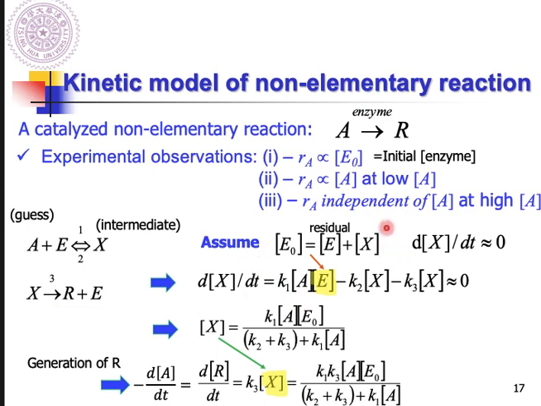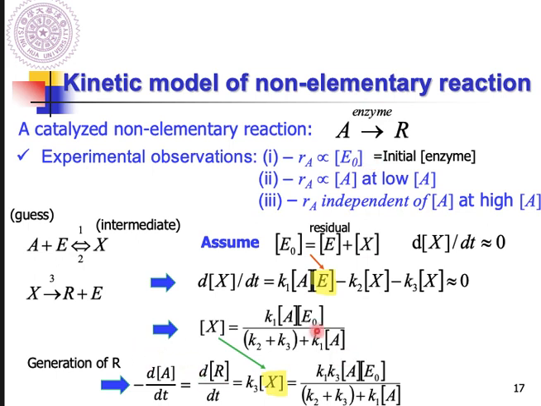This part is also the same. If we don't make these assumptions, we cannot get these results. It takes some time, trial and error, to propose suitable elementary reactions to reconstruct these non-elementary reactions.